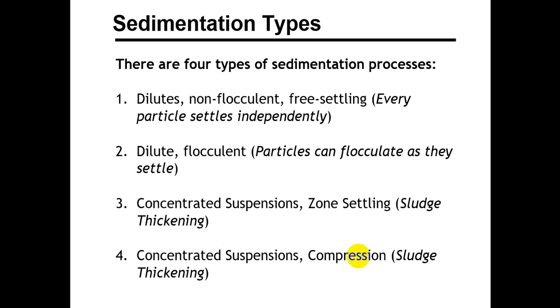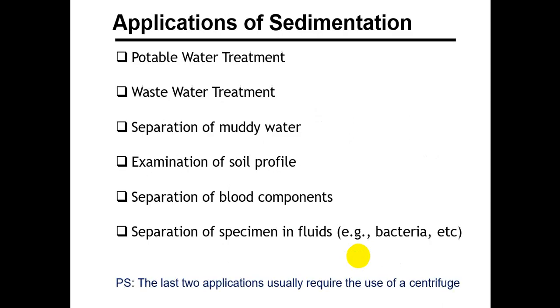That's the fourth one. So what's the relevance of these sedimentation types or techniques? One, in the water treatment industry, they use sedimentation to separate the components of water, or to treat water so that it will be passed through a sand bed, which will filter the debris or the different particles from it.